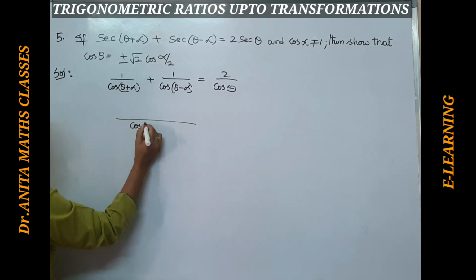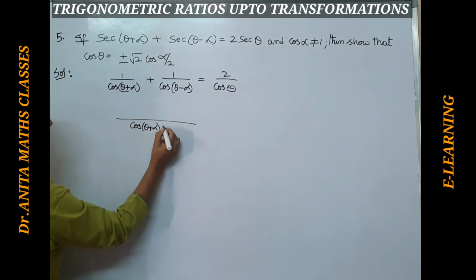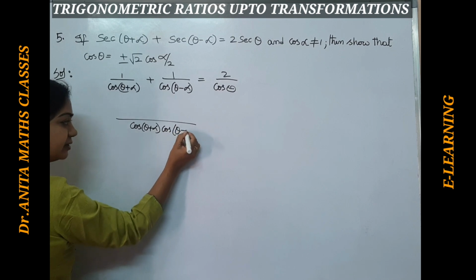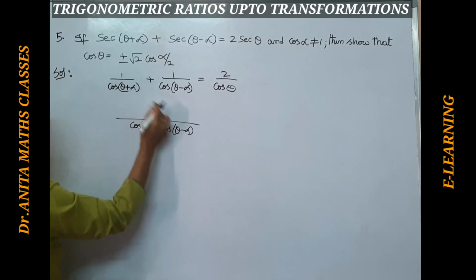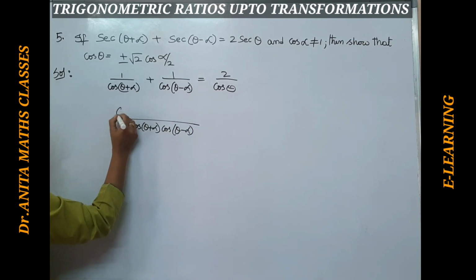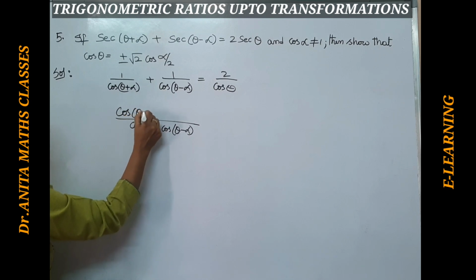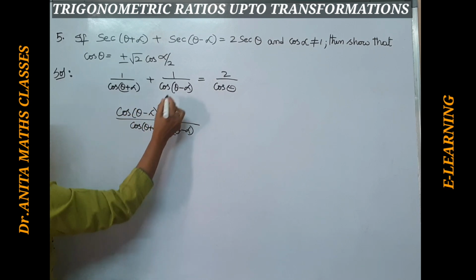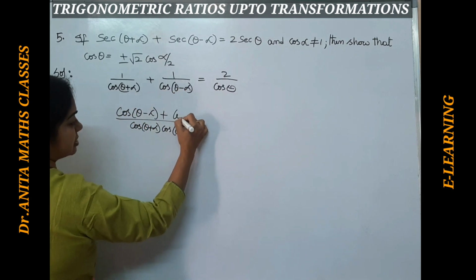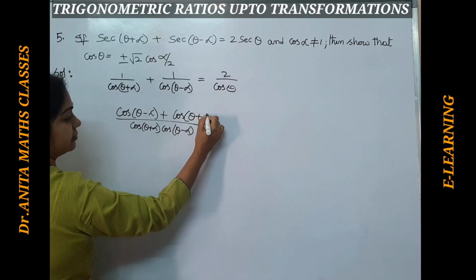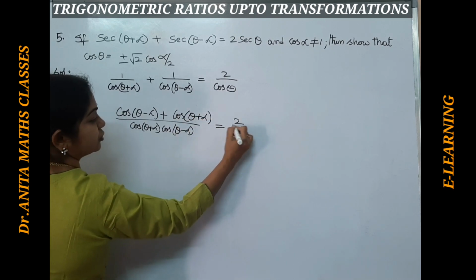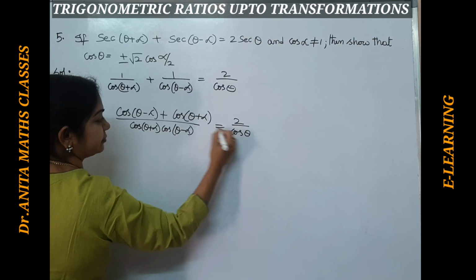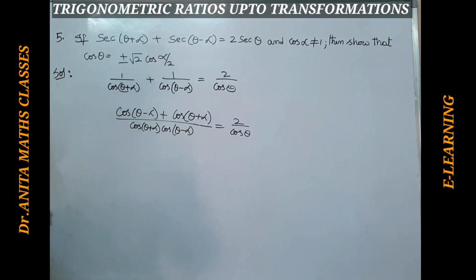If you take cos theta plus alpha and cos theta minus alpha, here if you take the LCM, this becomes cos theta minus alpha plus cos theta plus alpha, upon the product, equals 2 upon cos theta.